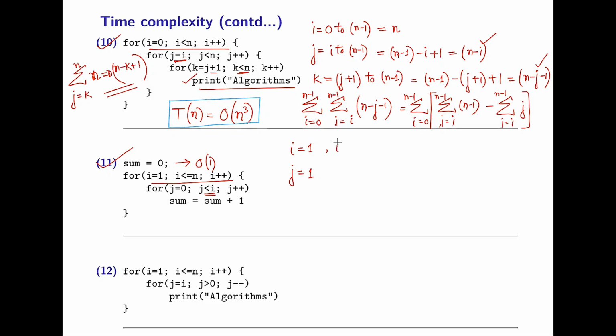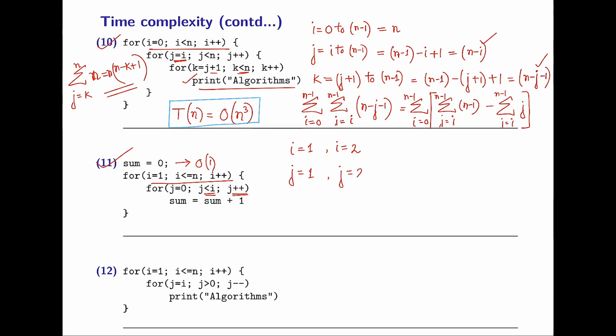When i will be equal to 2, because the increment is linear here, j is going to run 0. First of all, j will be 0 and then 0 less than 2, yes, fine, it will execute. Again, j will be incremented. Here the increment is also linear. And again, j will be incremented to 1, then 1 less than 2, it will execute.